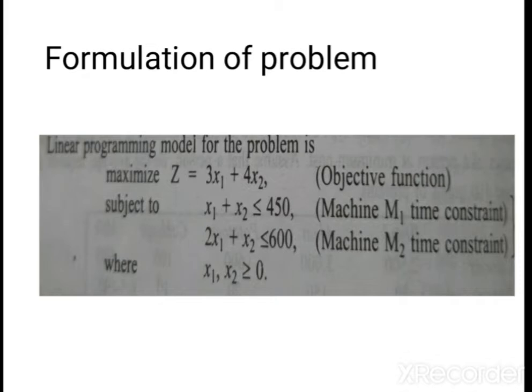If we add an S1 variable, it will be equal to 450, and S1 varies from 0 to 450. Similarly, you add 2x1 plus x2 plus s2, so that it will be equal to 600. So add s1 and s2 as slack variables.